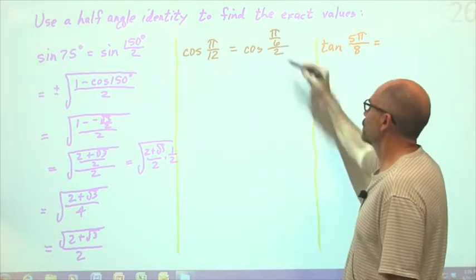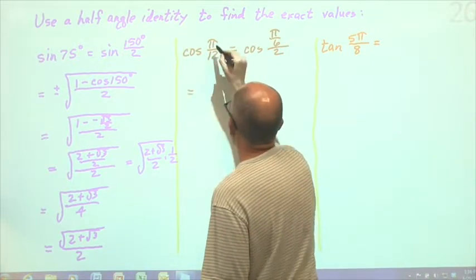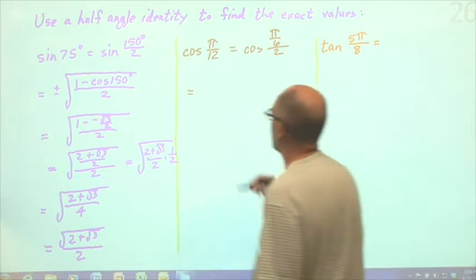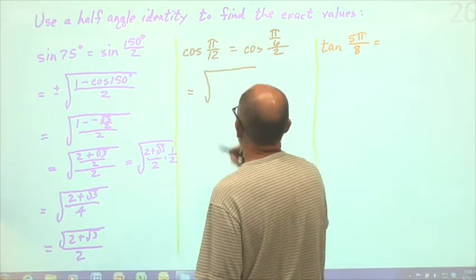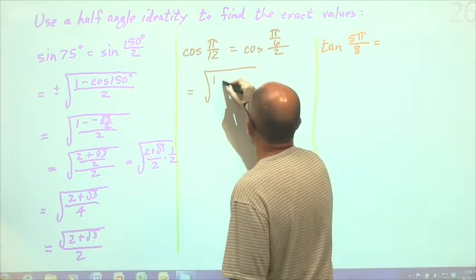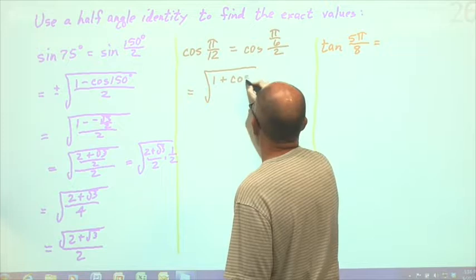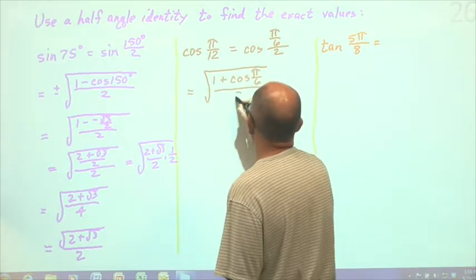So alpha over 2. Once again, this is in the first quadrant, so it's positive. Cosine is positive in the first quadrant, so I'm not going to go plus or minus, I'm just going to keep it plus. Now, it's 1 plus cosine alpha all over 2.